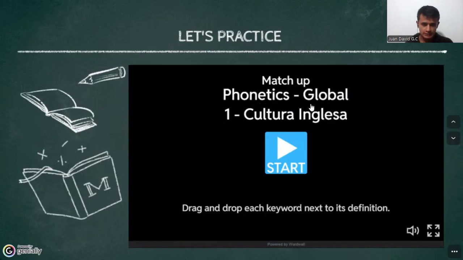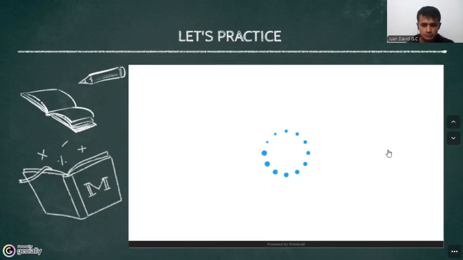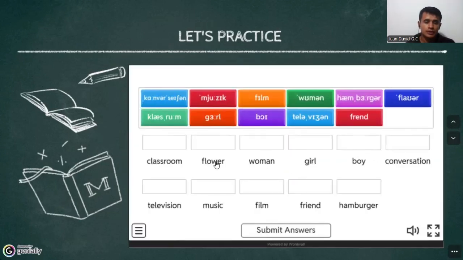This is a game for phonetics. Drag and drop each keyword next to its definition. When we know a little bit about the international phonetic alphabet, we can see the alphabet more easily.